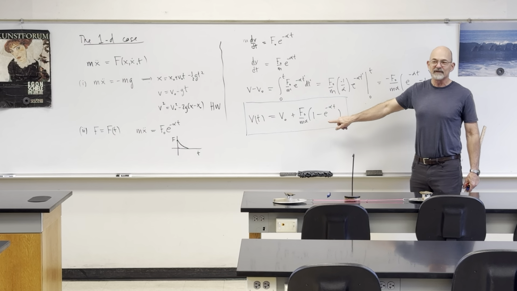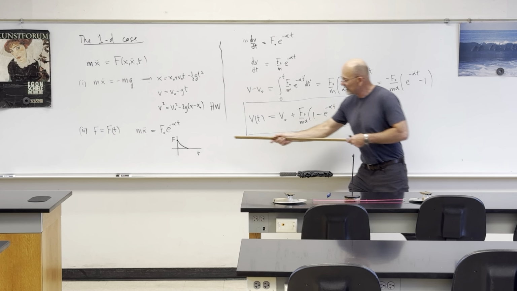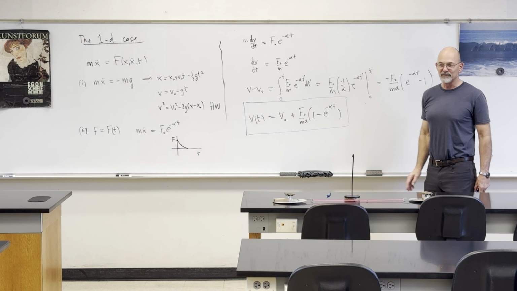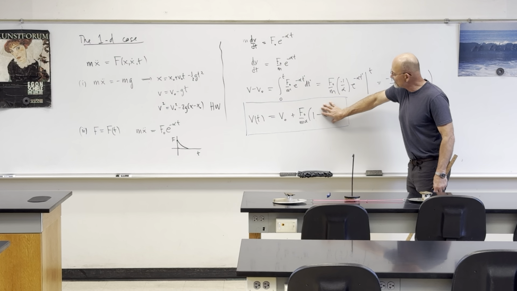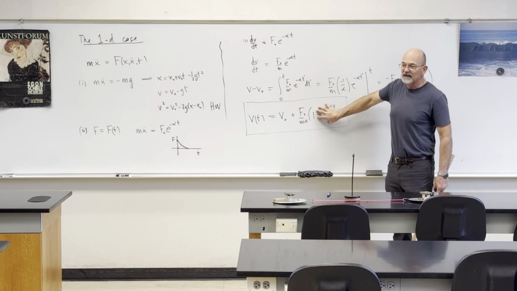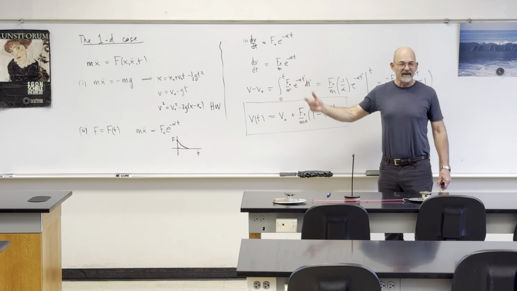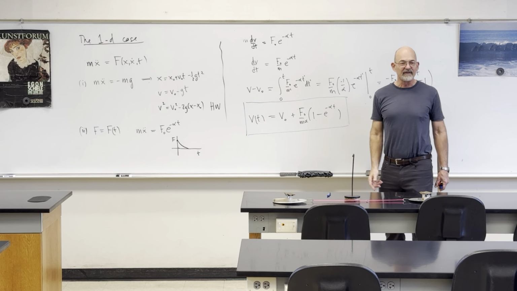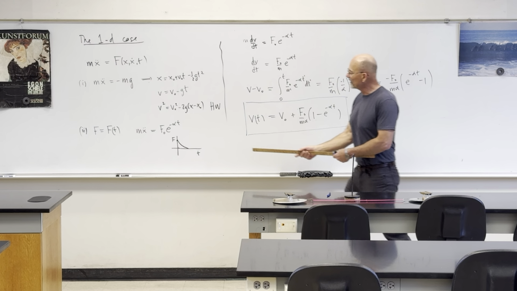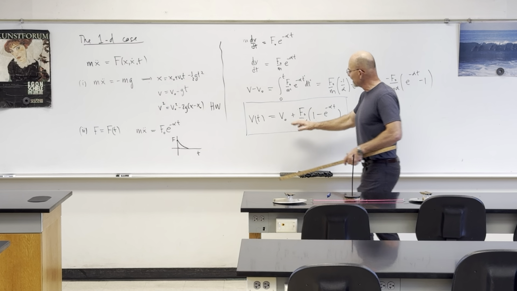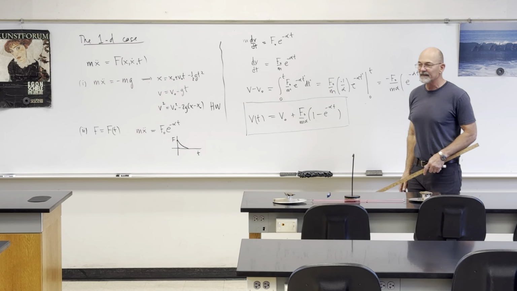That's why we have to know our exponential function. It goes to 0. Very powerfully, so it goes to 0. So this is a 0, and we're just left with v naught plus f naught over m alpha, which is just some number greater than v naught. Unless this had a minus sign in it, then it could be a number less than v naught. Which means that this force here pushed us for a while, but then it died out and essentially left us with a constant velocity.